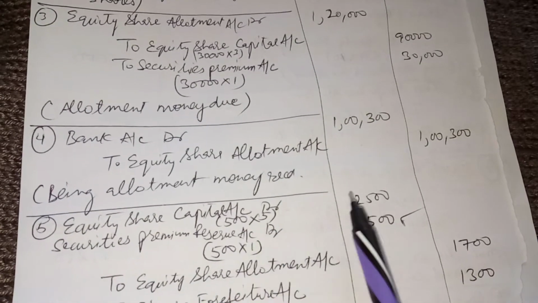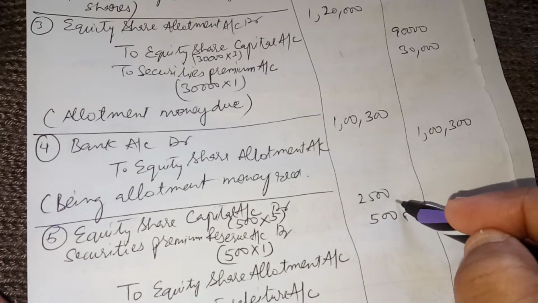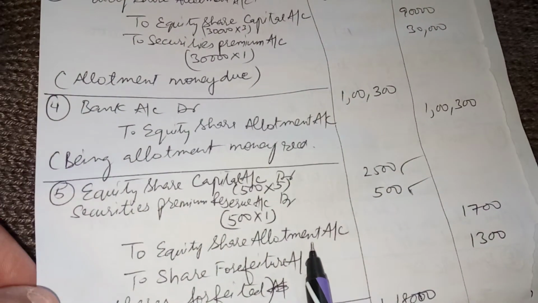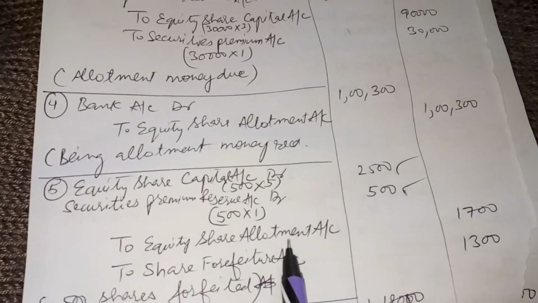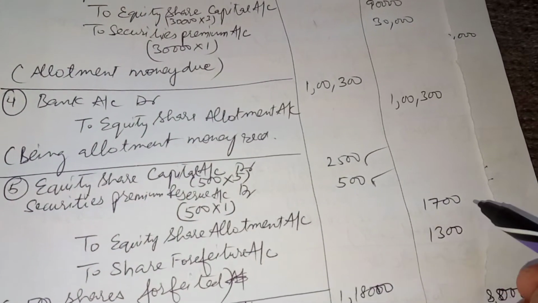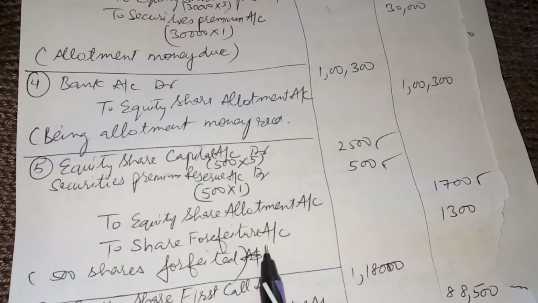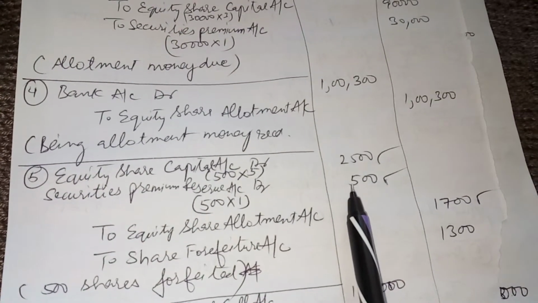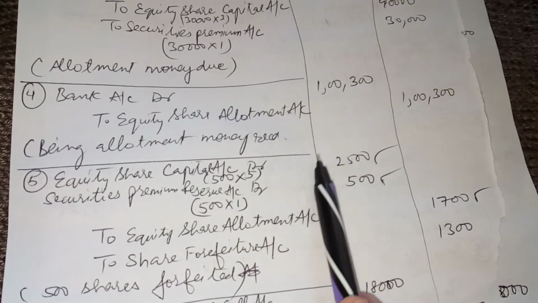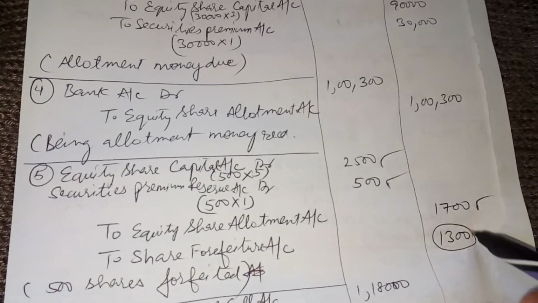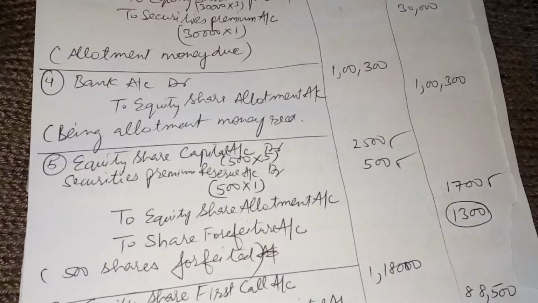So 500 into 5, that is 2,500 rupees were taken. Now to equity share allotment account, for allotment he did not pay 1,700 rupees, as we calculated earlier. And to share forfeiture account, the money paid, that is 2,500 plus 500 becomes 3,000 minus 1,700, so the remaining 1,300 is left to the share forfeiture account.